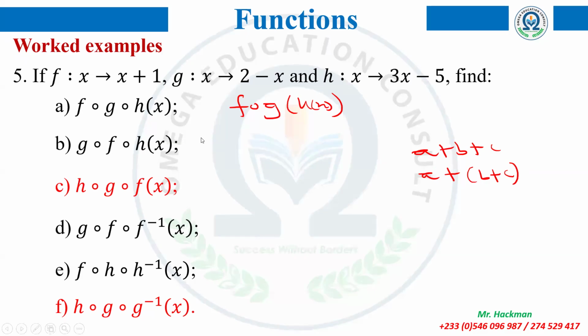And here we have 3 functions. Indirectly, because you know how to find the composites of 2 functions from where we are coming from, if you are given more than 2 functions, you can take it to your comfort zone, which is 2 functions. This is what I mean.